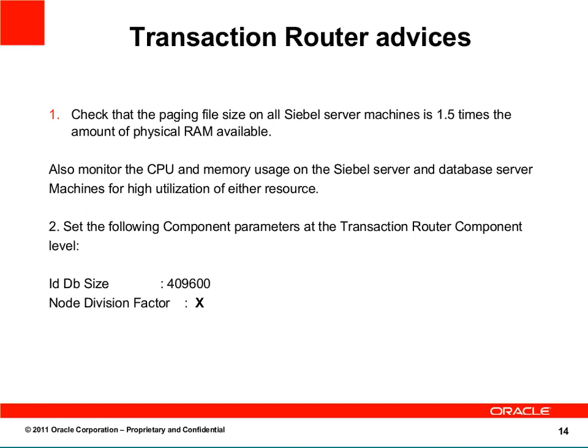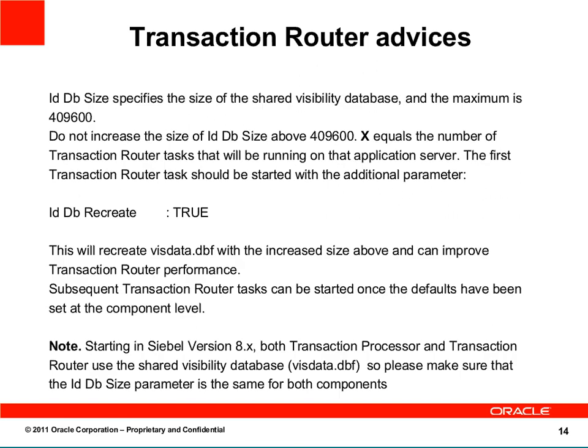And the node division factor equals X, the number of transaction routers that you have running right now. For example, in the last example I used, we have one remote environment with 500 mobile clients. The advice is to have at least 3 transaction routers. If you have 3 transaction routers running at the same time, your node division factor should be 3.